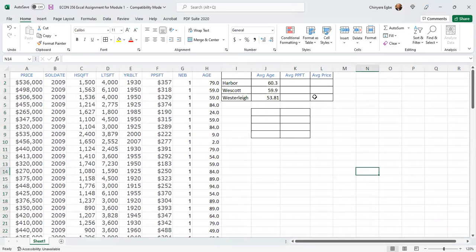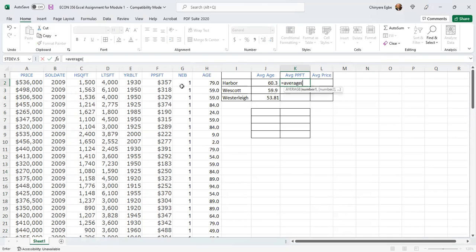All right. So you see, I calculate average age. Now average price per square foot. So you go down to average price per square foot, and you do the same. Average for neighborhood 1, price per square foot.